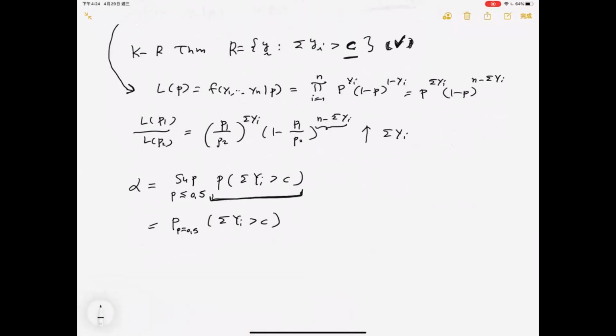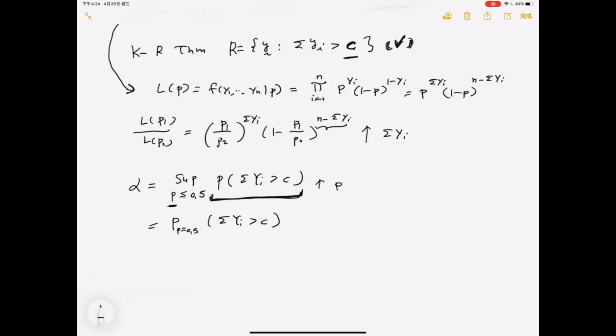Imagine you are going to say this probability is an increasing function of p, such that the maximum happens at 0.5. Making sense?